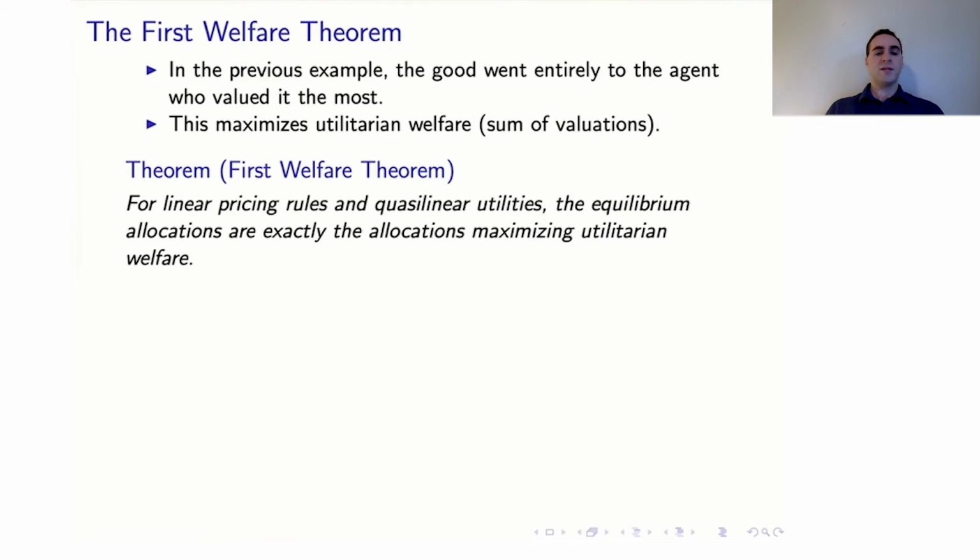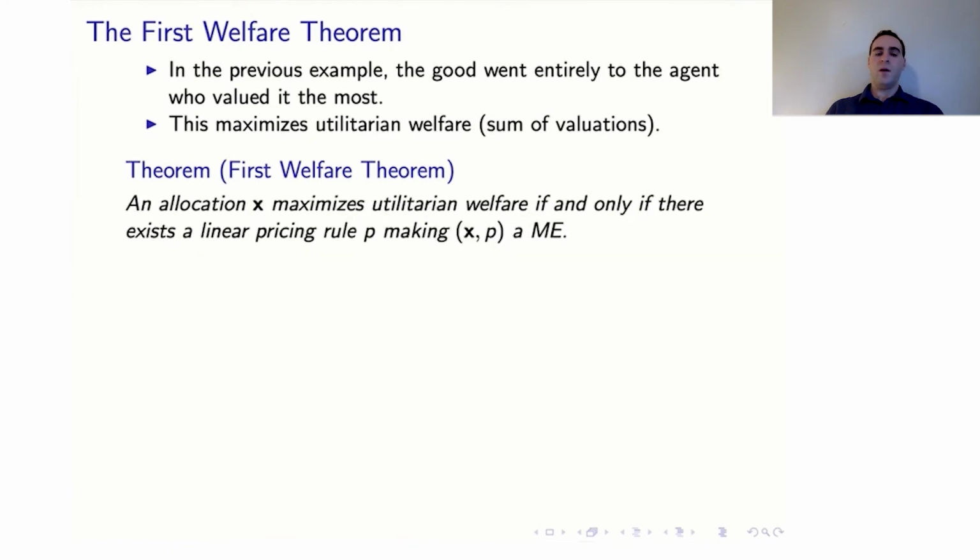So what this essentially tells us is linear pricing is going to always give us the most efficient outcome. And we can formalize this a little more by saying any allocation X maximizes utilitarian welfare if and only if there's a linear pricing rule making it a market equilibrium.